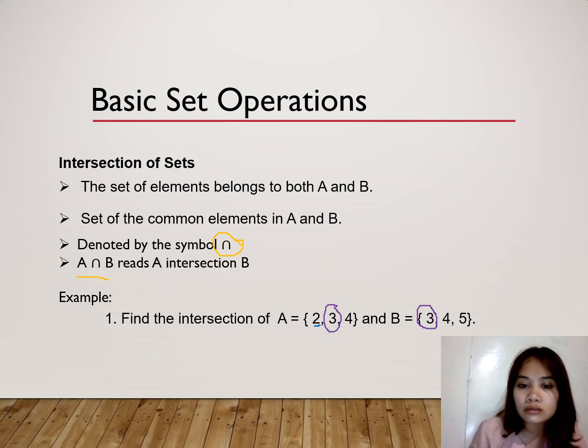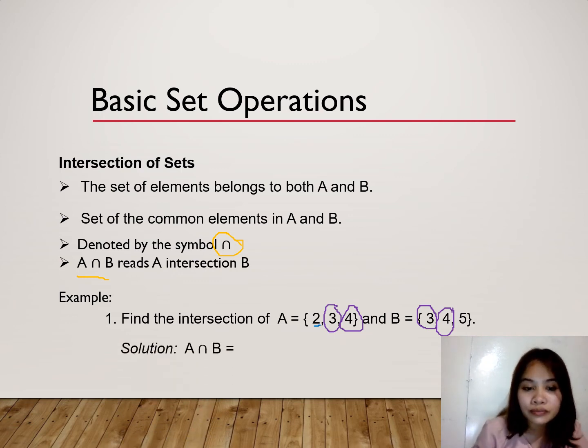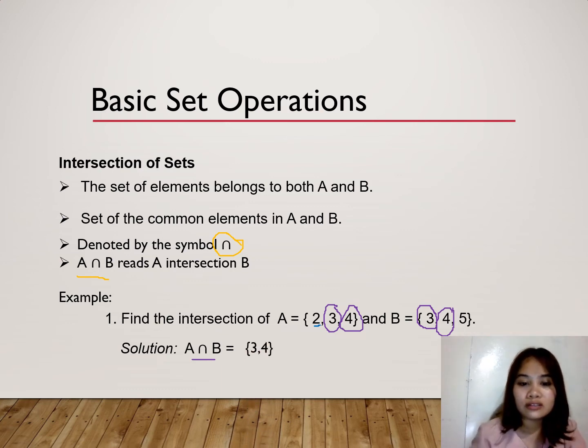How about 4? Can we find 4 in set B? Okay, that's correct. So, we have 4, and then 5. No more. So, the only common elements between sets A and B are 3 and 4. So, we will just write it like this. A intersection B is equal to 3 and 4.